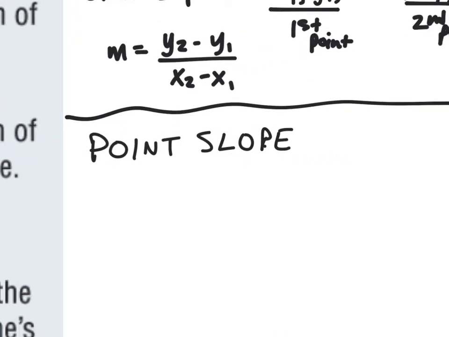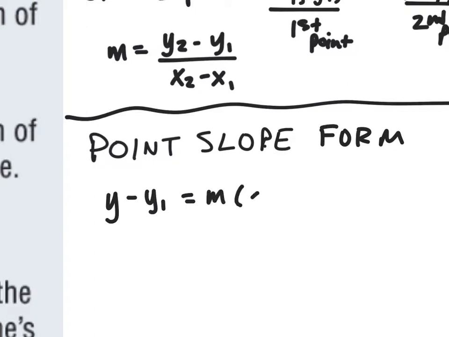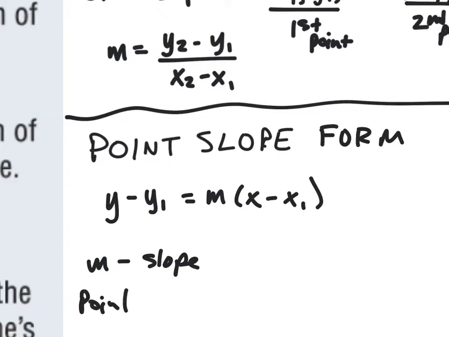That's going to be y minus y sub 1 is equal to our slope m times x minus x sub 1. Here m is our slope, and we have a point on the graph, x sub 1, comma, y sub 1. So that's point slope form.